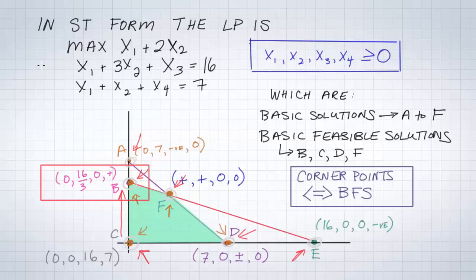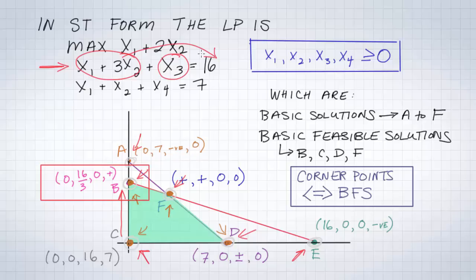So we have x1 plus 3x2 plus x3 is equal to 16. We're going to keep x3 on the left-hand side, and we're going to move x1 and 3x2 to the right-hand side, minus x1 minus 3x2, and we're going to do the same thing for the second equation.